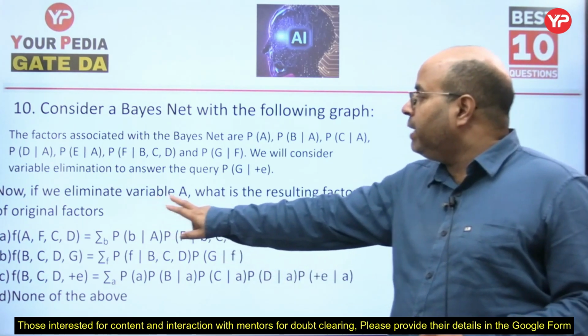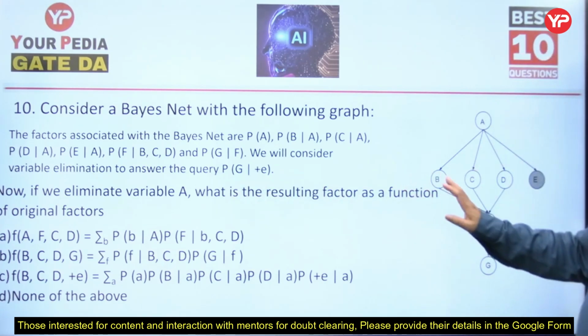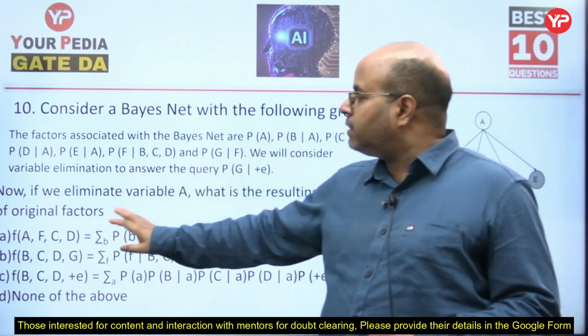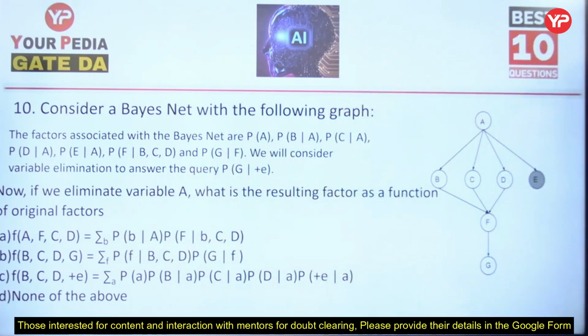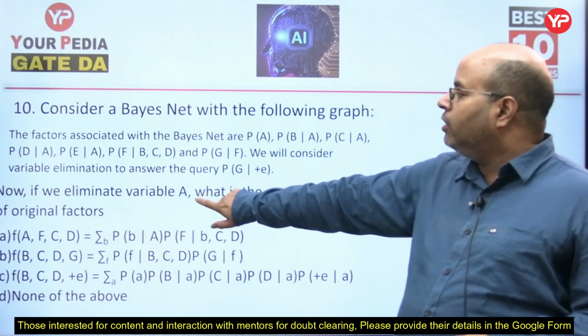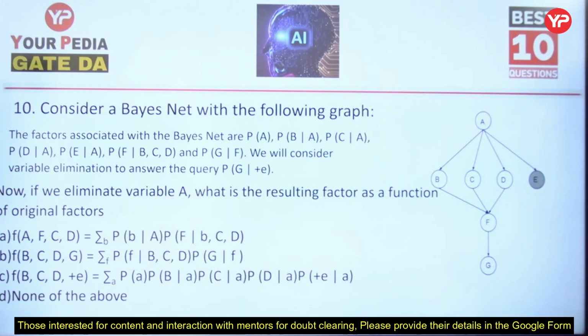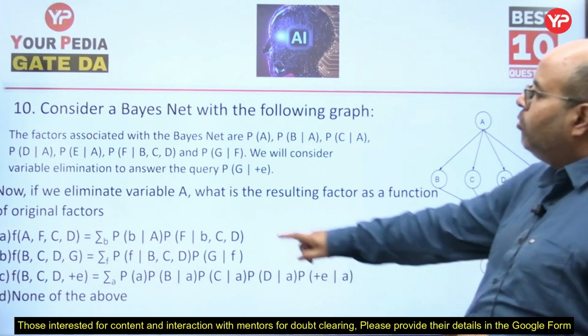Now, if we eliminate variable A, what is the resulting factor as a function of the original factors? Here you see we have four options. Since we have eliminated variable A, variable A can't be there in that function. So A can't be the answer, we can remove it straight away.